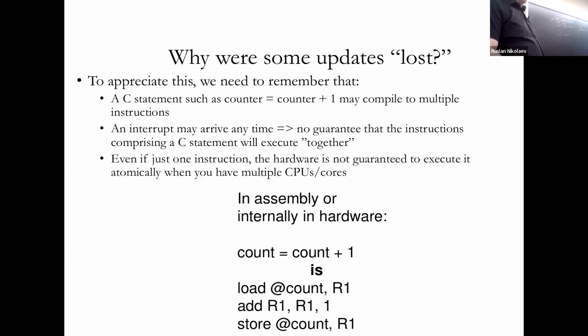Again, just to reiterate, for RISC processors you're going to have a load instruction, an add instruction, and a store instruction. Even if it's not assembly like this, internally in hardware, unless you specify a lock prefix or something like this, it can still execute it like this, because internally it can still be 3 different operations.